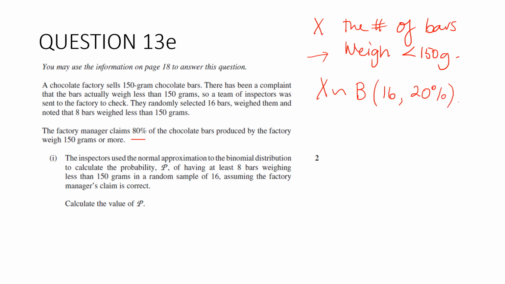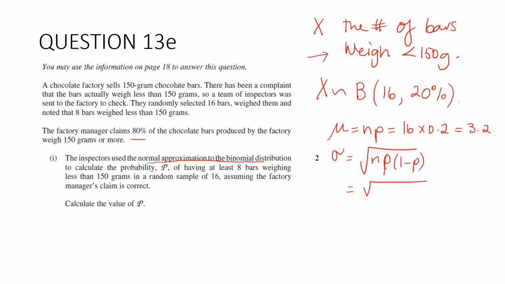Now we know that we can do a normal approximation to the binomial distribution, so let's use some formulas. We know mu will be np, which is equal to 16 times 0.2, which is 3.2, and standard deviation will be the square root of np(1 - p), which is the square root of 16 times 0.2 times 0.8, which is the square root of 2.56, which is 1.6.